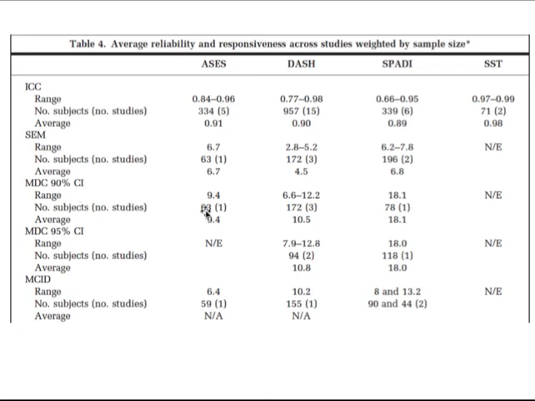And then the MDC, which is more conservative, and there's 2 values of it. There's a 90%, which is a little less conservative, and a 95%, which is even more. And we can see the different values for that here. And now if we look here, we have 3 of these studies for the DASH, 1 for the MDC, and 1 for the SPADI. But in essence, the DASH and the SCS is about the same, but the ASCS is the lowest.